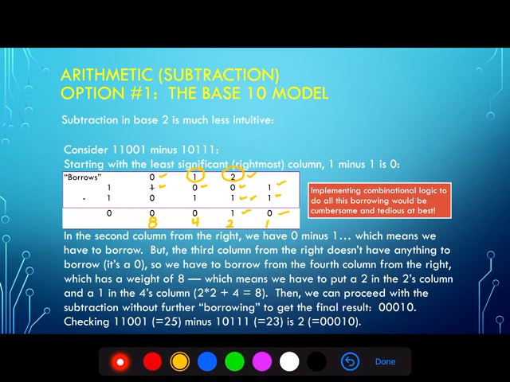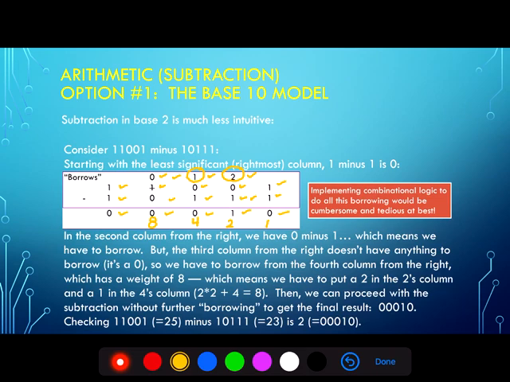As we go to the third column now, we've borrowed that 1, so we can take 1 minus 1, which will give us 0. And then in the last column, we have 0 now, minus 0 equal to 0. And then in the column to the left of that, 1 minus 1 gives us 0.